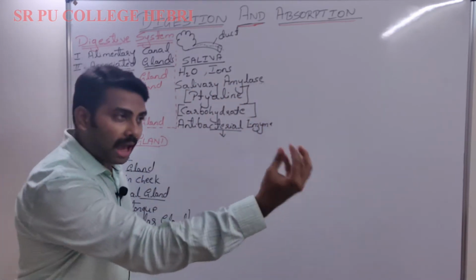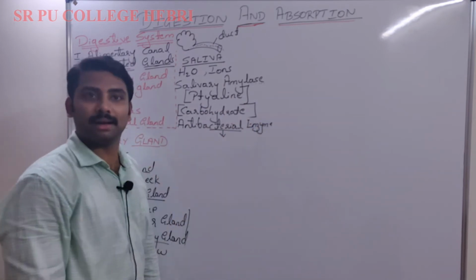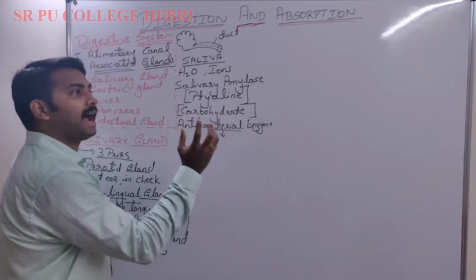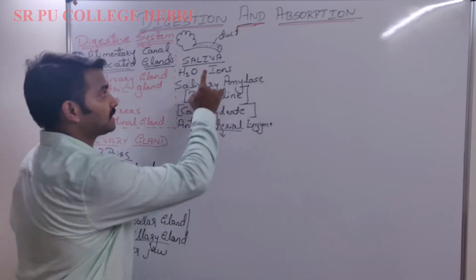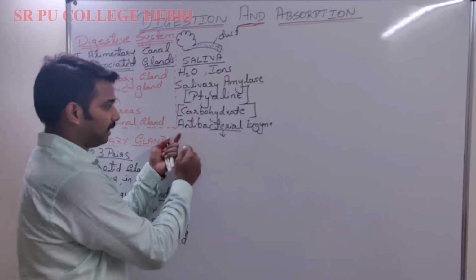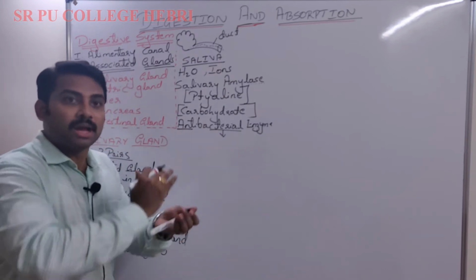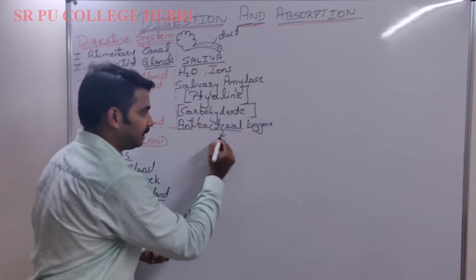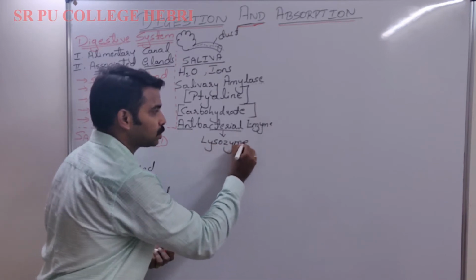Right now, when you have food, when you drink water that has some bacteria, to kill those bacteria that enter my oral cavity, my saliva has an enzyme called what? Antibacterial, against the bacteria. The bacteria is killed by the enzyme called, one mark question, lysozyme.